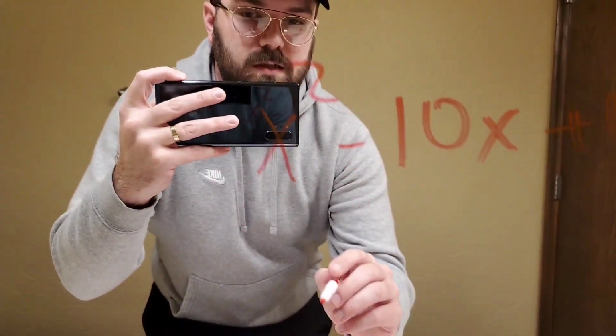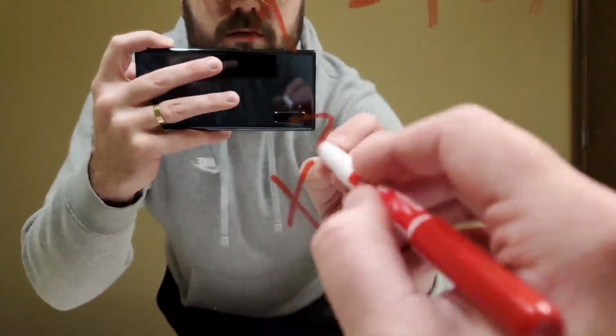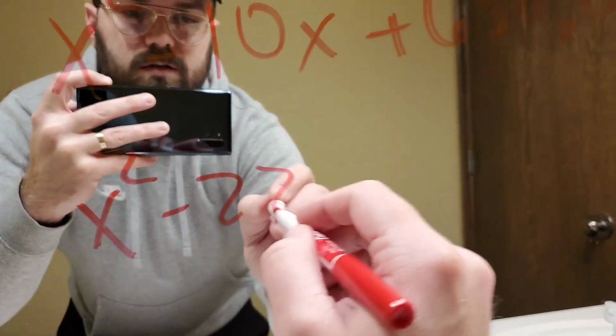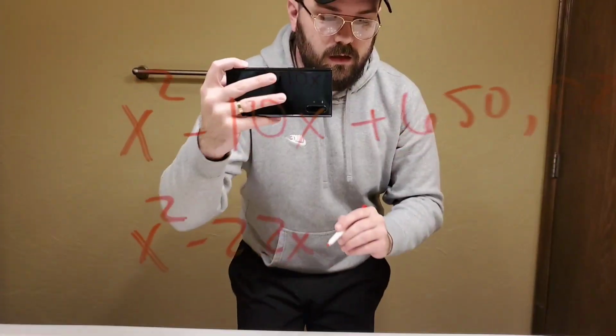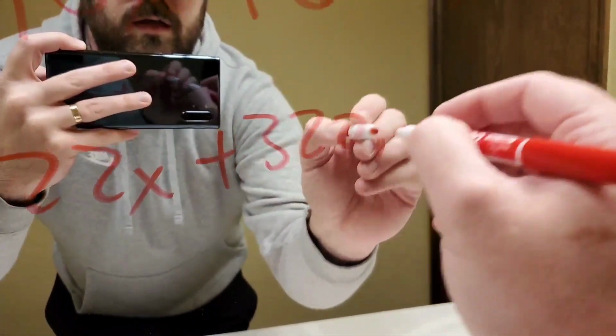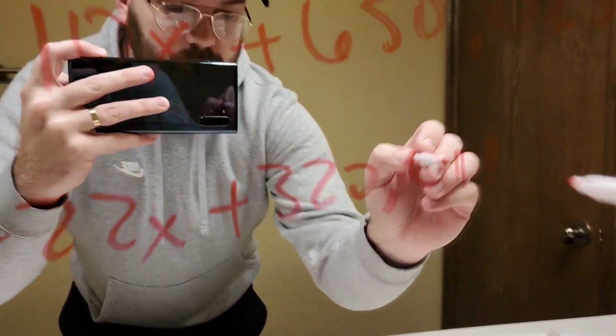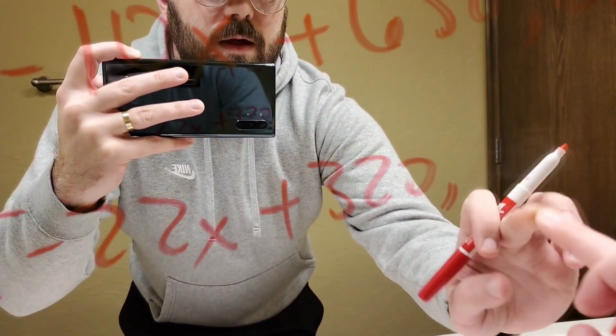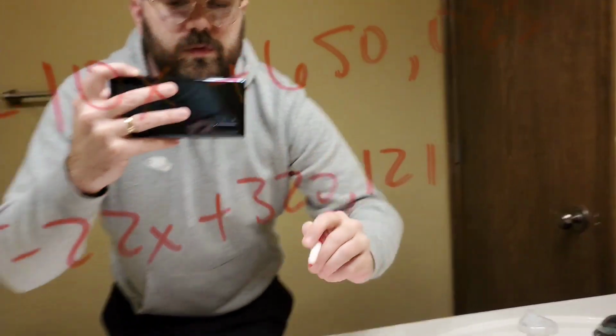If I were just to guess, I would say it would be x squared minus 22x, and then guessing, I'd say 320,000 and 121. I didn't read it, I did the math wrong. 121. Good thing with math is if you make mistakes, you just erase it and fix it, make it right.